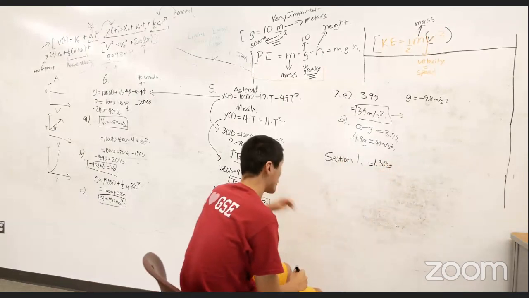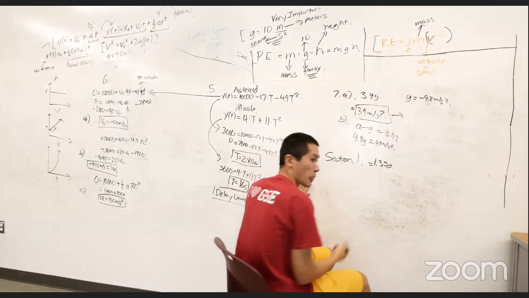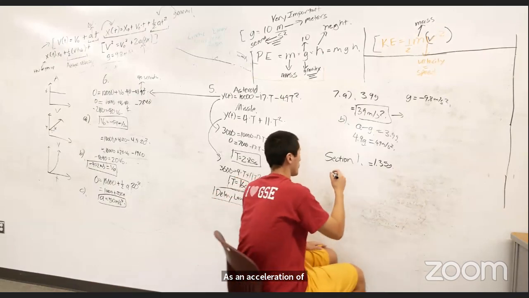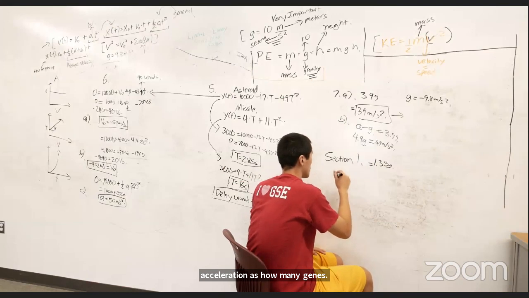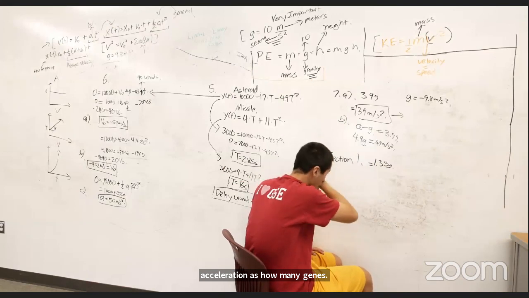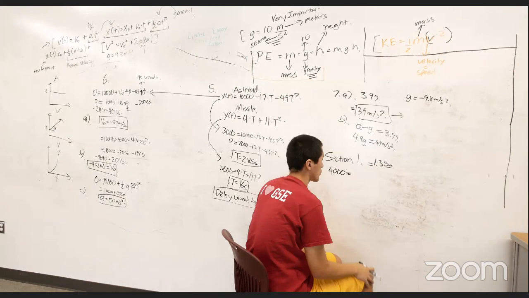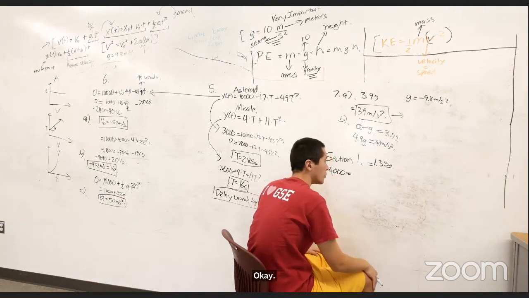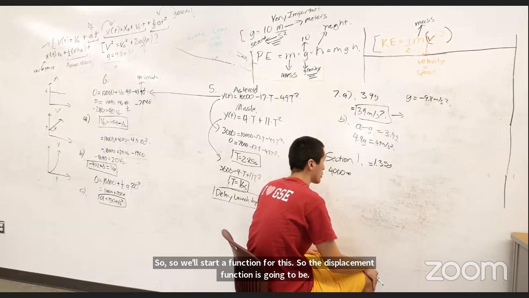So the rocket is accelerating, so let's write a function for this. So the displacement function is going to be, so the rocket is first going to travel up 4 kilometers. So 4 kilometers is equal to the initial position of the rocket, which is 0, plus v sub naught, which is also 0. And so the acceleration is just 1.35 Gs.